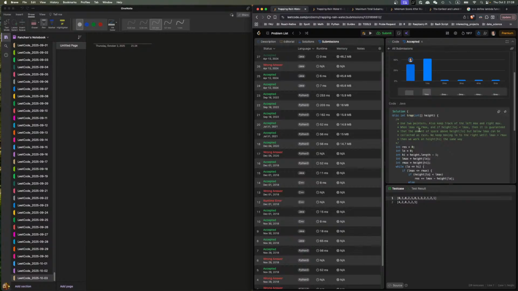When left max is smaller or equal to right max, and if height low is smaller than left max, then it is guaranteed that the amount of space above height low, but below left max can be collected as rain.